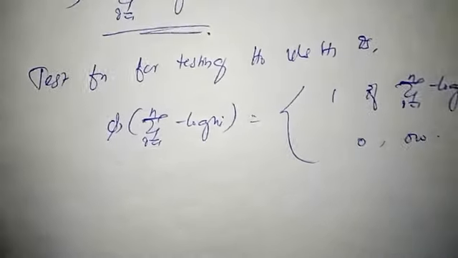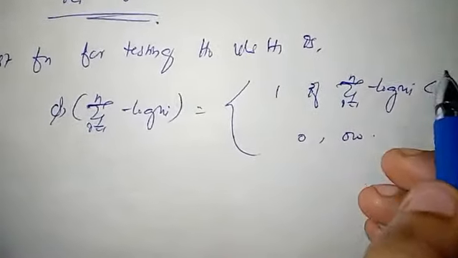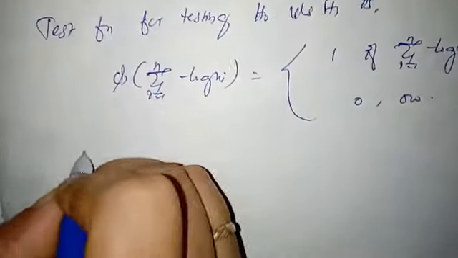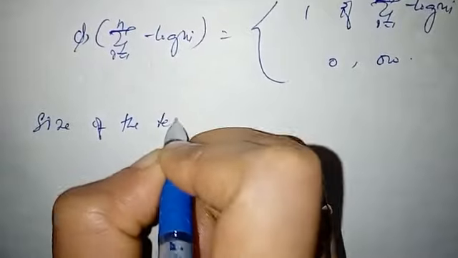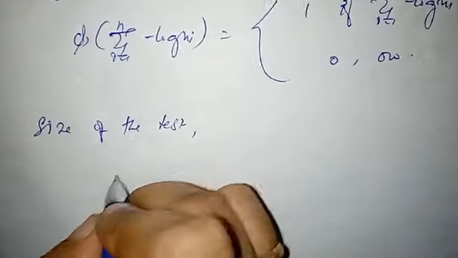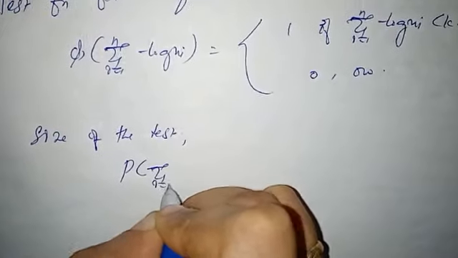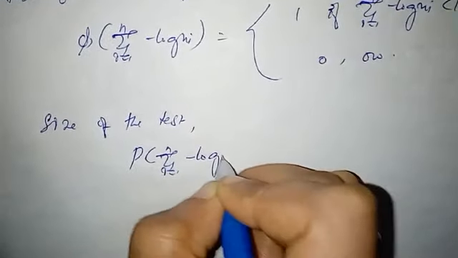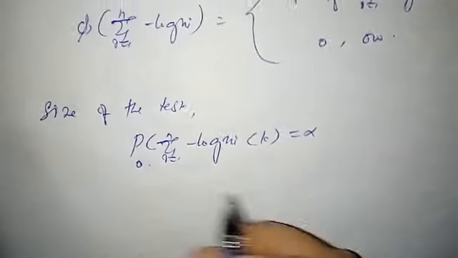Then here also we have to find the k value. For that we can use the size of the test, that is the probability that summation of minus log xi is less than k equals alpha under H0.